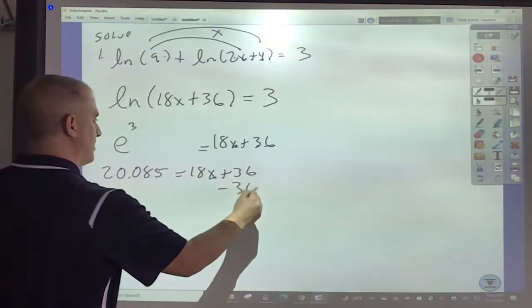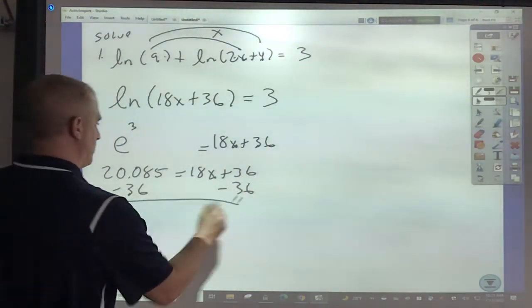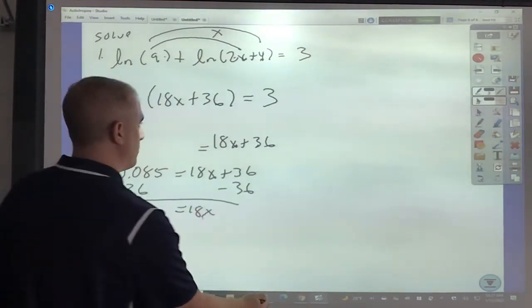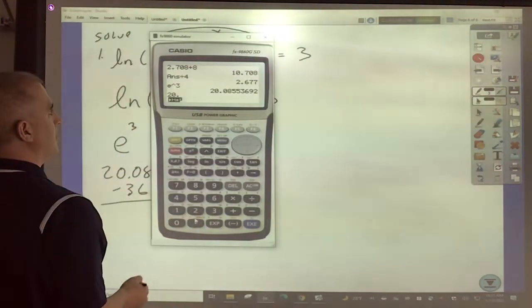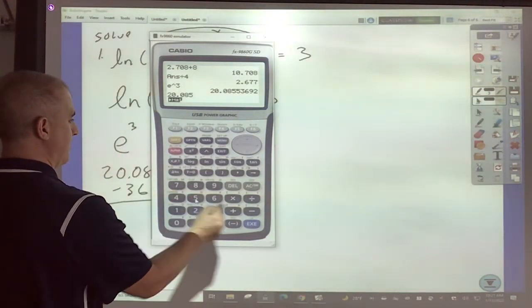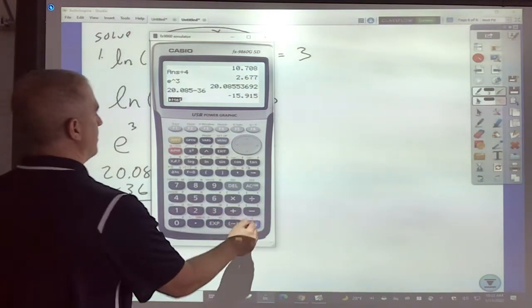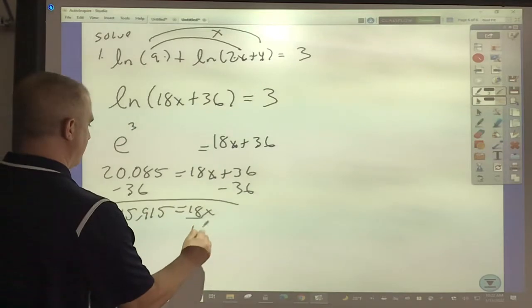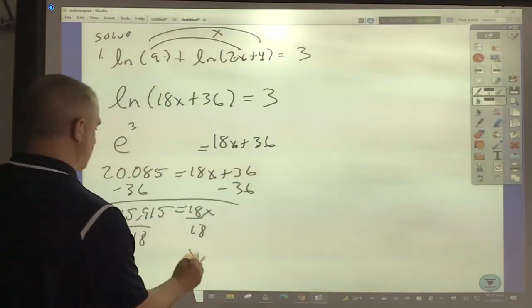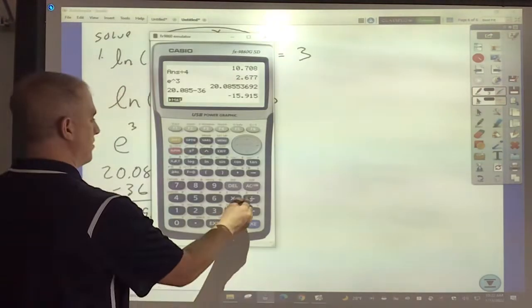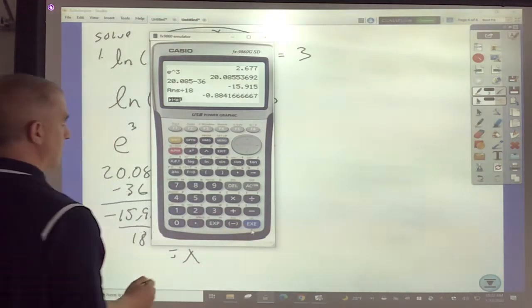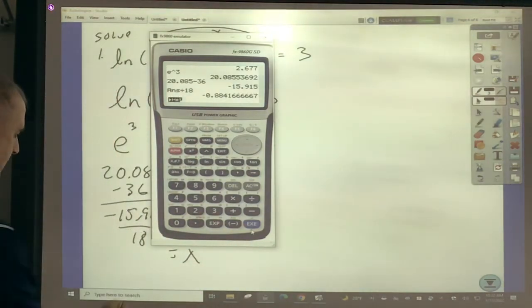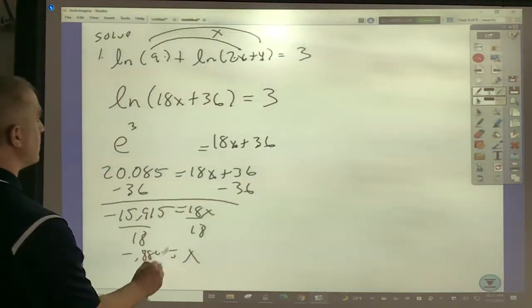Just subtract 36 from this. 20.085 minus 36 is negative 15.915, divided by 18, negative 0.884.